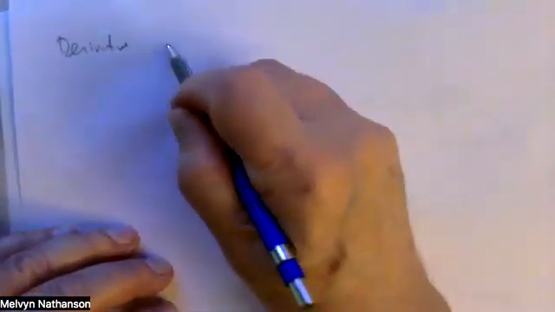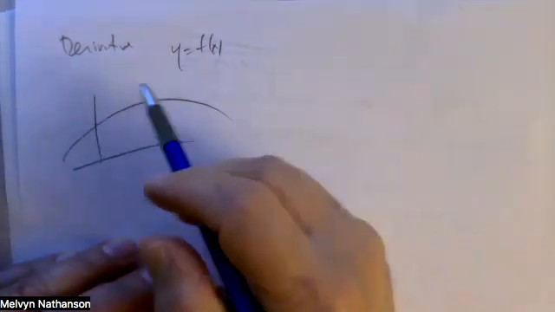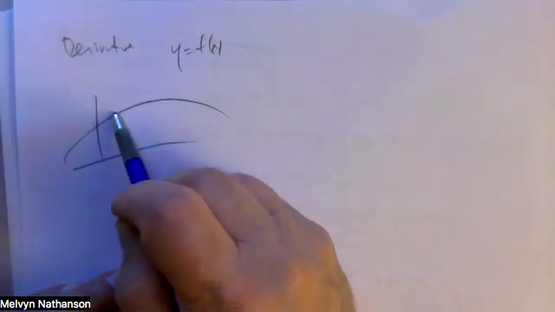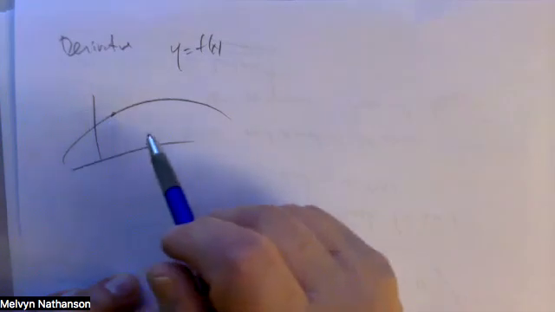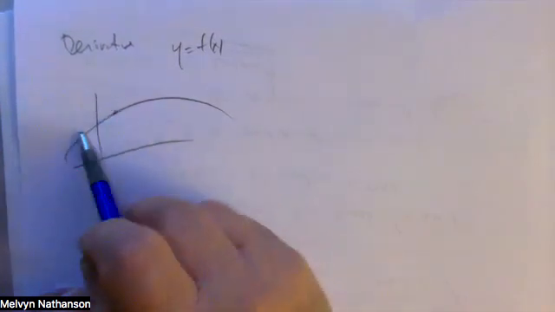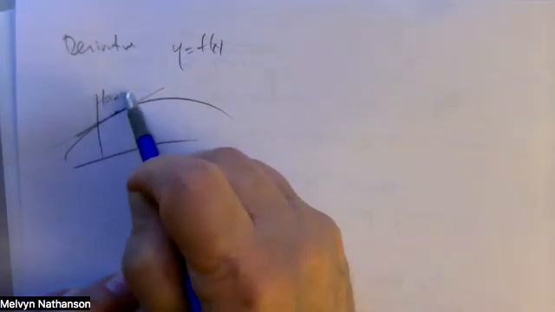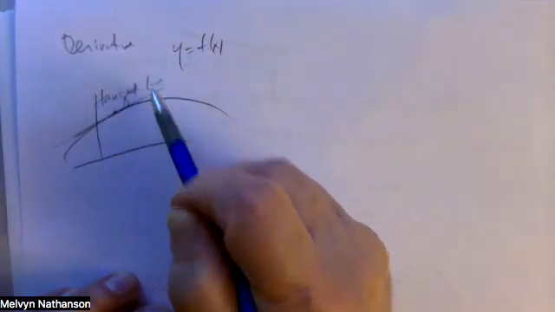So if you have a function y equals f of x, say the graph looks like that, you want some notion of the slope, the rate of increase of the function at a point, or you'd like to be able to draw the tangent line to the function at a point.